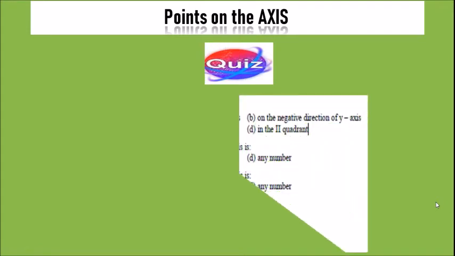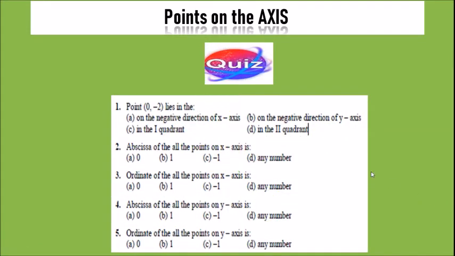So please look at this and let us revise this. So point 0 comma minus 2 lies in which direction?